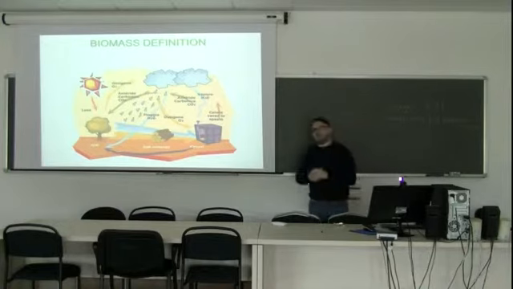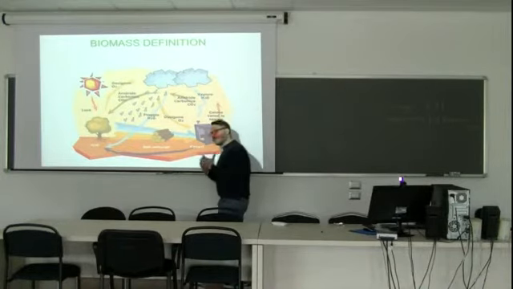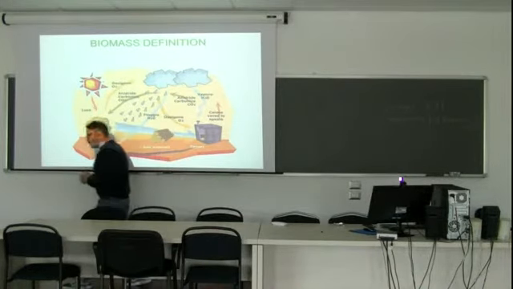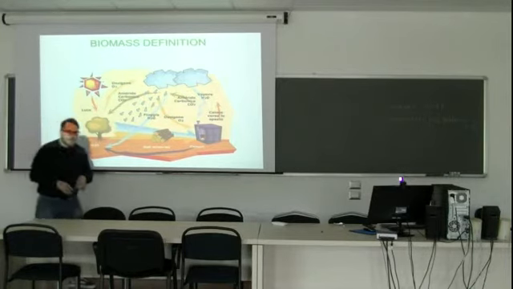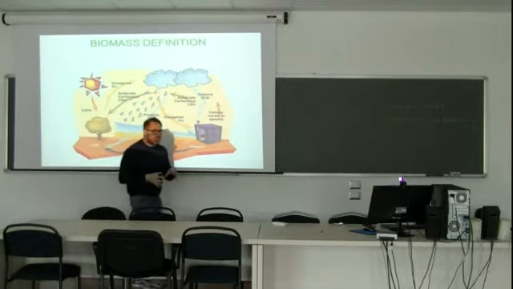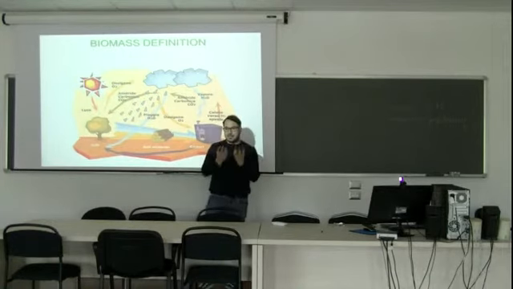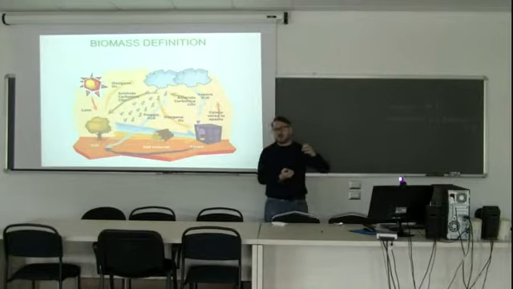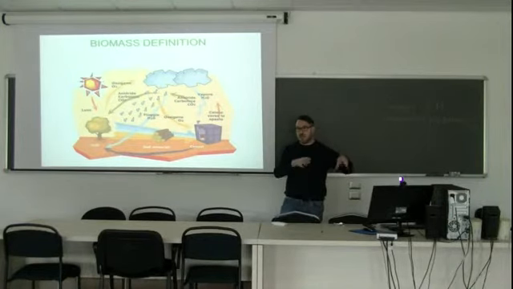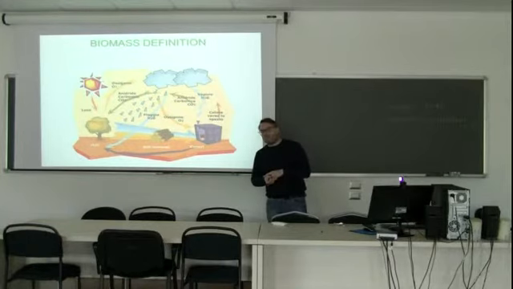What is biomass? Biomass is the result of the chlorophyll and photosynthesis. During this growth, the plants, the trees, for example, use the carbon dioxide to synthesize the carbon and to make oxygen free. During the combustion, we make the contrary process.